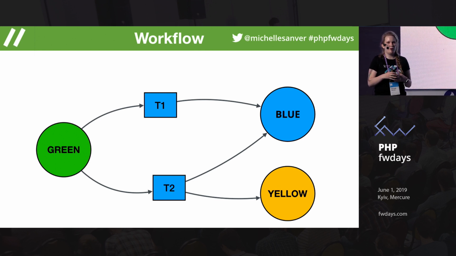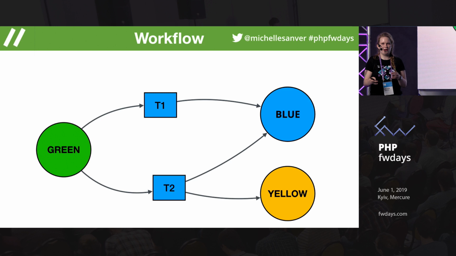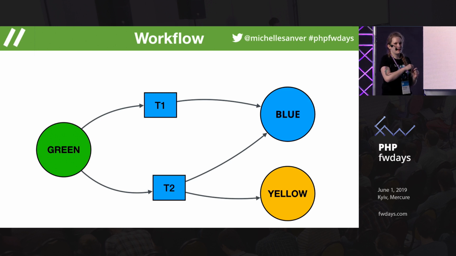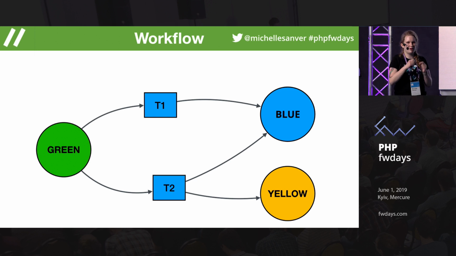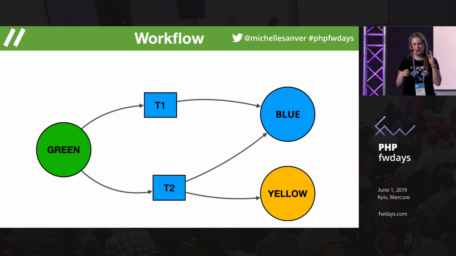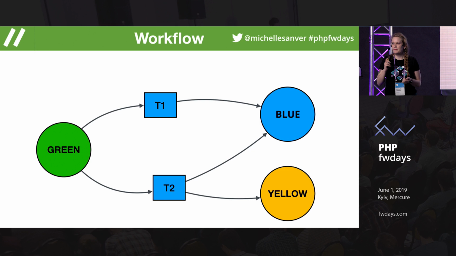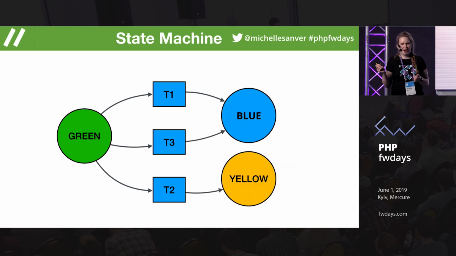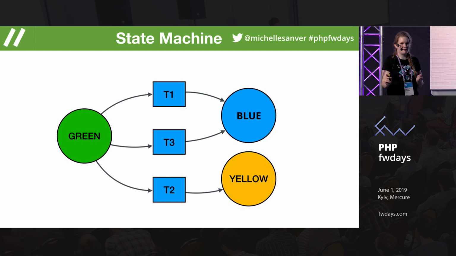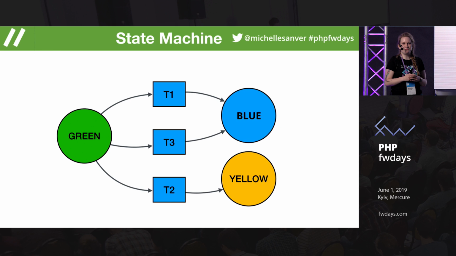And a workflow often goes from one to the other after something is done, while a state machine does something and changes states. Workflow is flowing, a state machine goes actively and changes state. So to turn this into a state machine, you add a 3rd transition, so every transition has only 1 state. And that's a state machine.